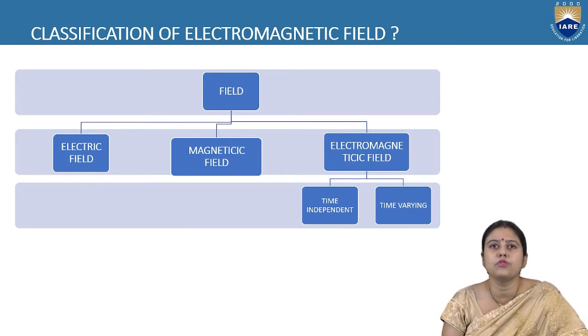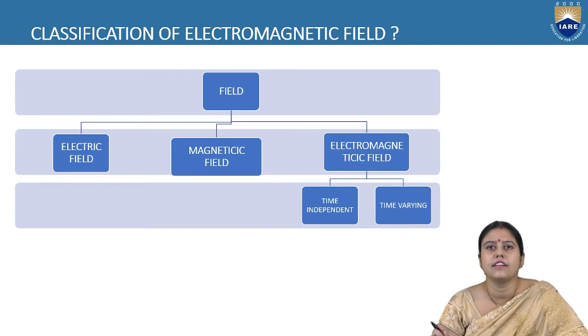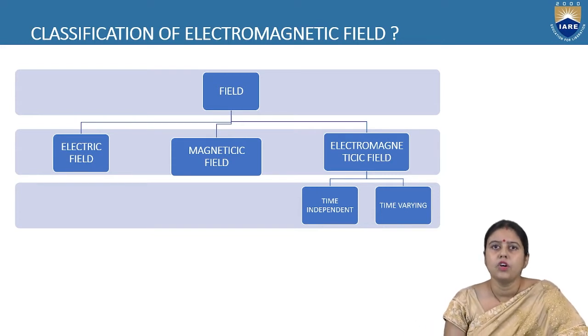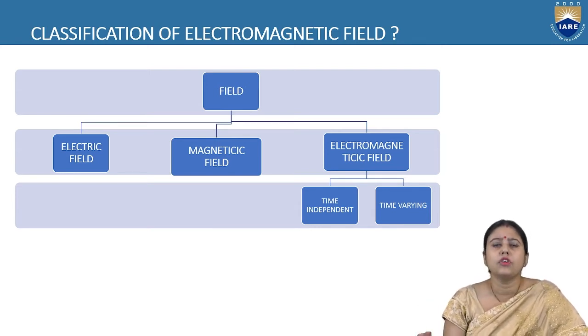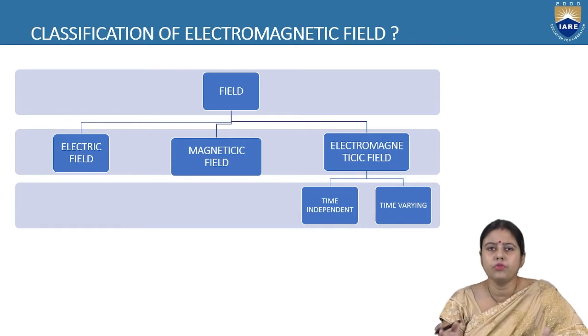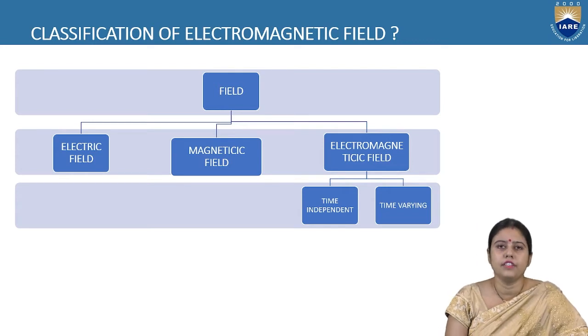Electric field is due to electric charge. See, we have a capacitor. We are connecting a parallel plate to a positive and negative battery. In between the parallel plates, if we keep some electric charge, it will feel some force. So this is the electric field.